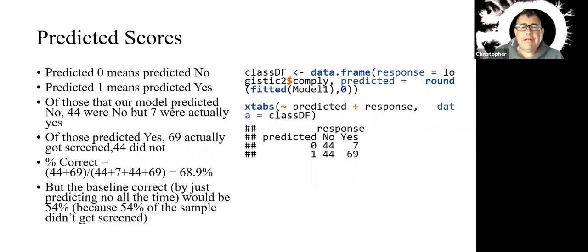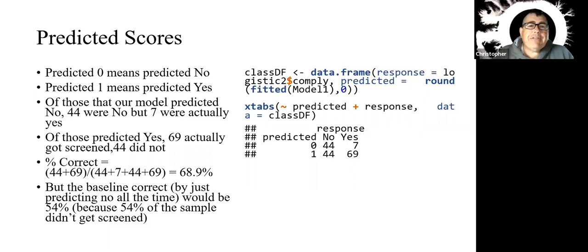That's just giving us the baseline prediction. So what we can do here is calculate which category is more common, and then ask, okay, what would happen if I just predicted everybody to be that category? How many would I get correct? We can see that the response no has 88 total, where the response yes has 76 total. So we could predict everybody to be a no and get 88 out of the total right. That corresponds to about 54%.